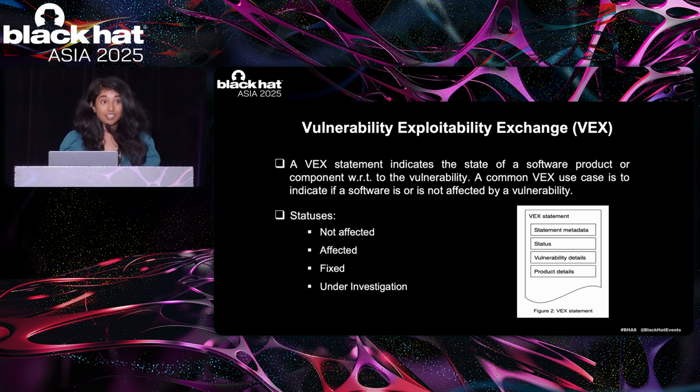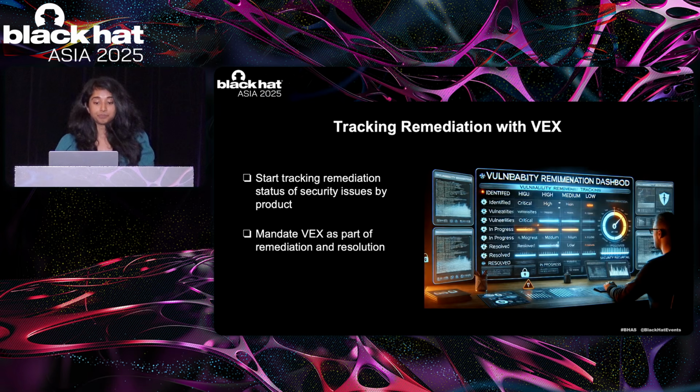So if we look at SBOM as an inventory of products, we can easily supplement VEX information in that and say, hey, if these components have vulnerabilities, we're also providing information on what we are doing to act on them. So we are currently using the original VEX recommended statuses, which are not affected, affected, fixed, and under investigation.